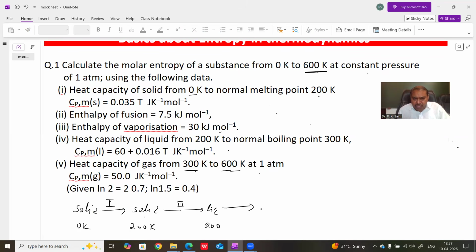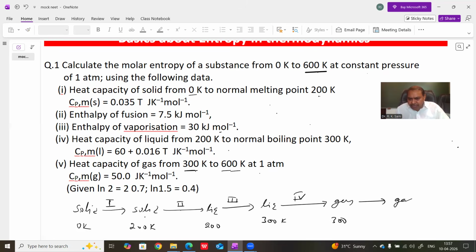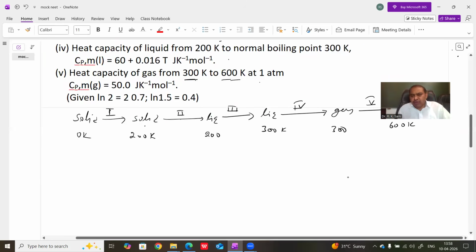In step third, the liquid is heated from 200 Kelvin to 300 Kelvin, because 300 Kelvin is the normal boiling point. Then equilibrium exists between liquid and gas at 300 Kelvin, and this is the vaporization entropy change in step 4. Finally, the gaseous substance is further heated from 300 Kelvin to 600 Kelvin.